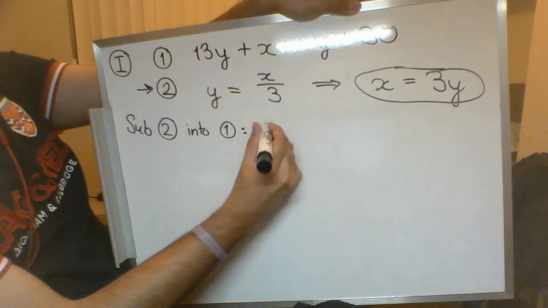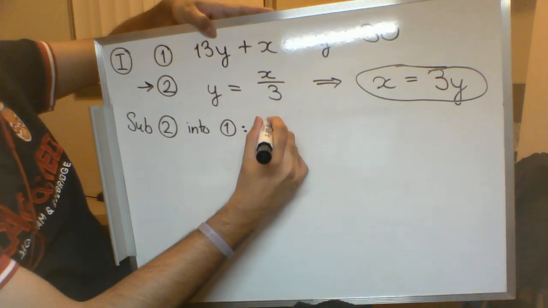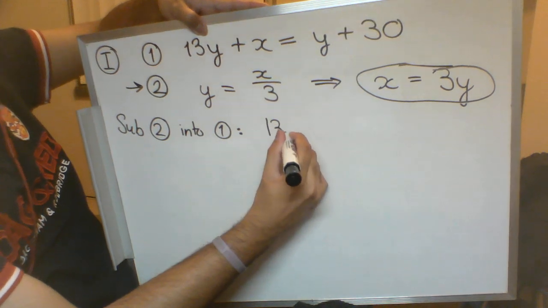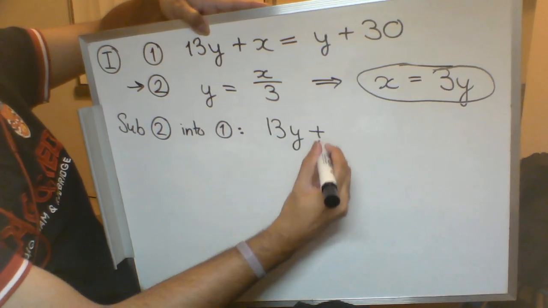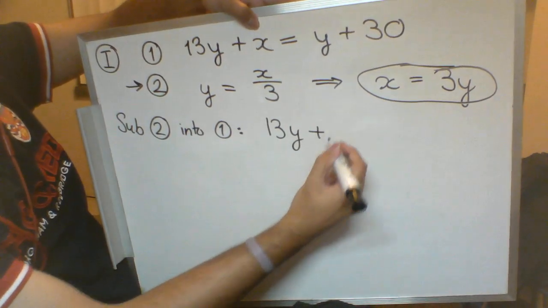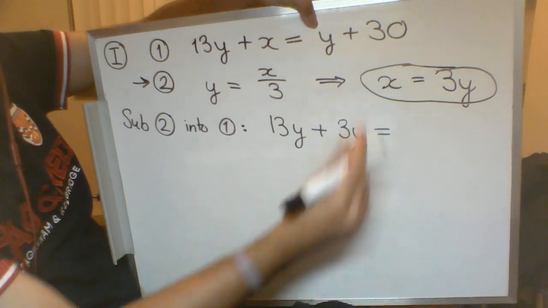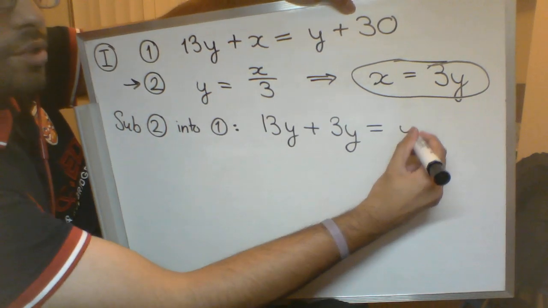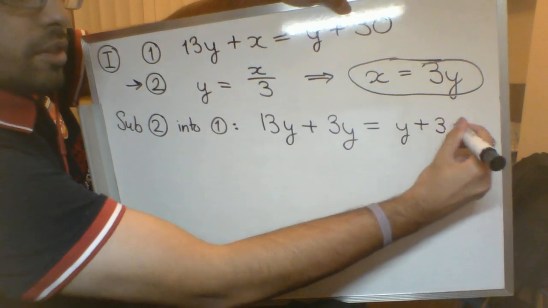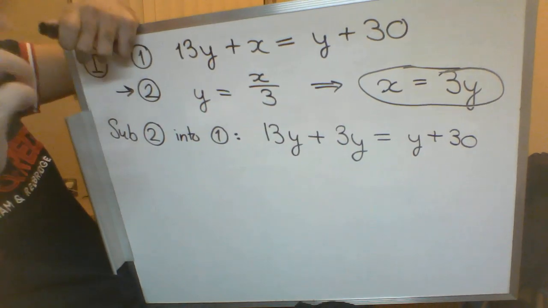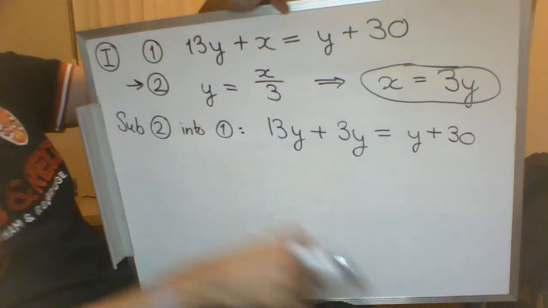This first term, 13y, is not going to change. So we've got 13y plus, and then here's our x, so we're going to replace that with 3y, equals, and then on this side we don't have any x's, so we can just write y plus 30.